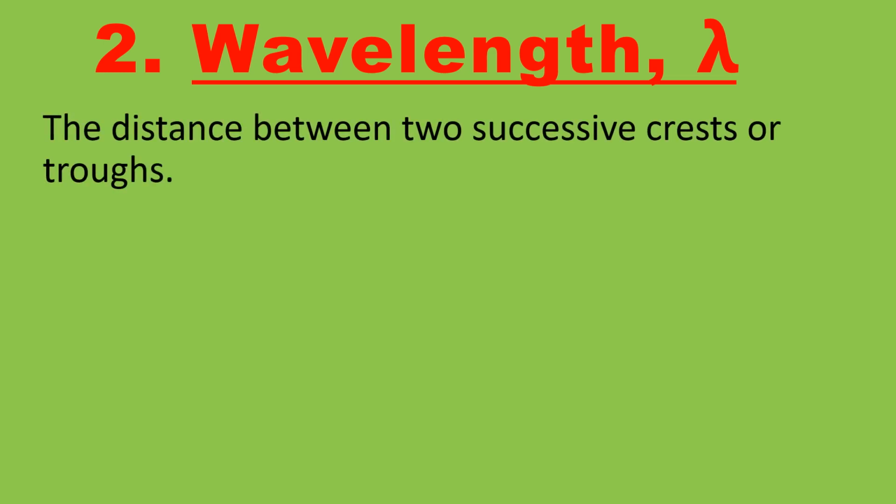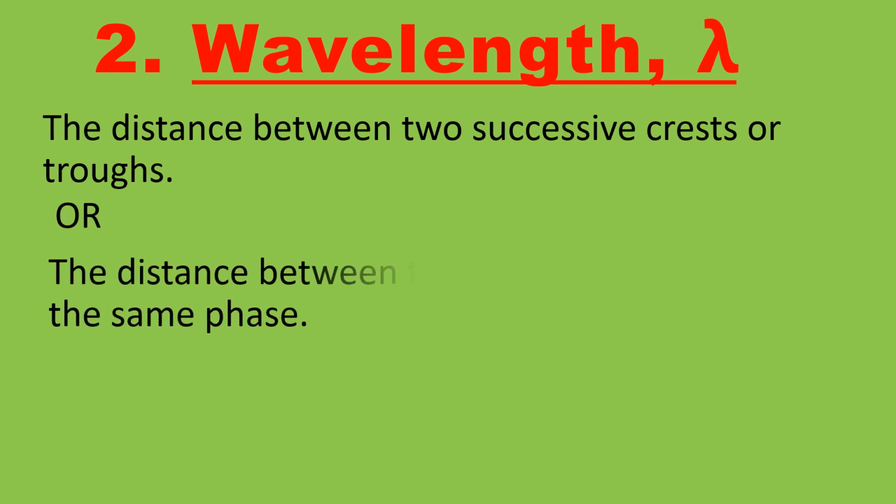Our second property is wavelength. It is usually denoted by letter lambda. What is a wavelength? Wavelength is the distance between two successive crests or troughs, or it can also be defined as the distance between two consecutive points in the same phase.